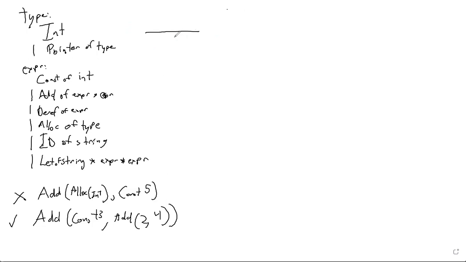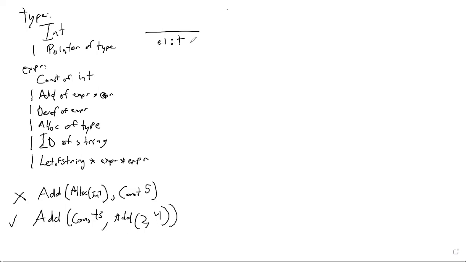So we write that some E1 is of type, and then we put a type here. People do a tall T, but I don't really know how to draw that, so I'm just going to say T. So this would be showing that, okay, we know that E1 is of type T.